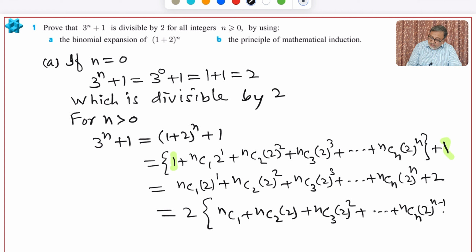The power of 2 will be one less in each term, and plus 1 the last value because of the 2. Now look here, the bracket is an integer because all the integers are added, and 2 is a common factor here, so therefore it is divisible by 2.